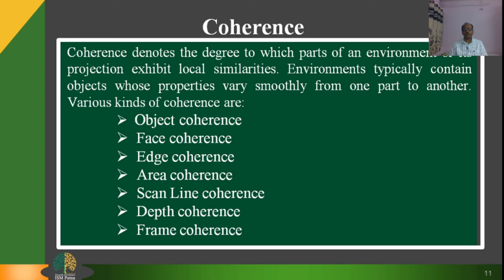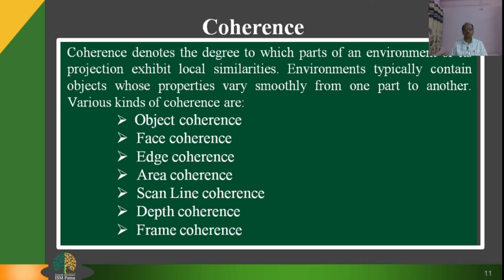The next one is area coherence, in which a group of adjacent pixels is often covered by the same visible face. A special case of area coherence is span coherence, which refers to a face's visibility over a span of adjacent pixels on a scan line.